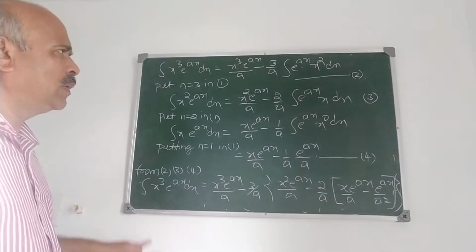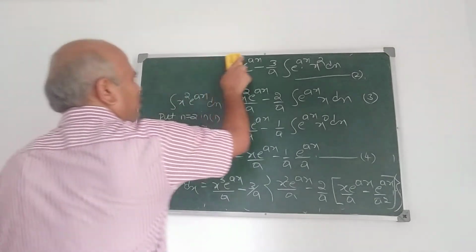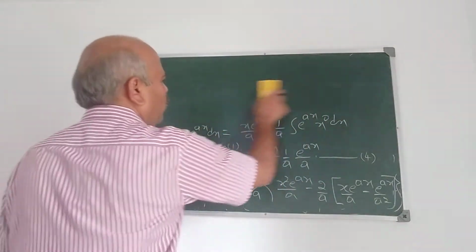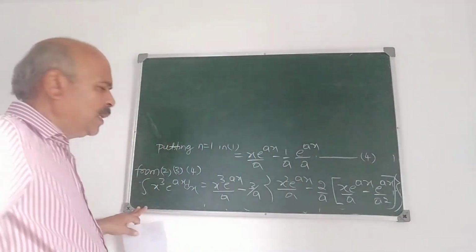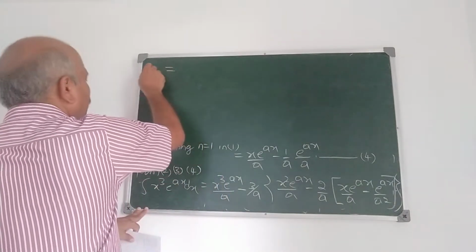A square. So I have made use of 2, 3, 4. In one step I simplify like this.